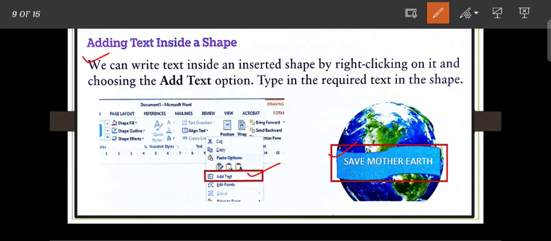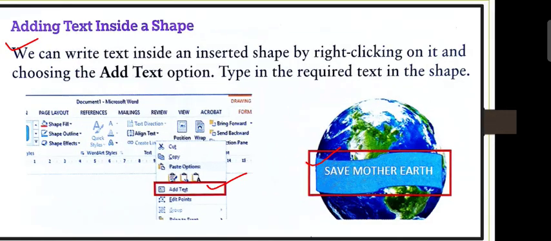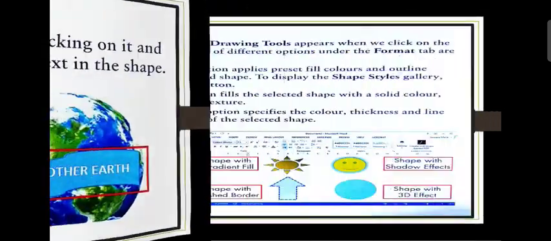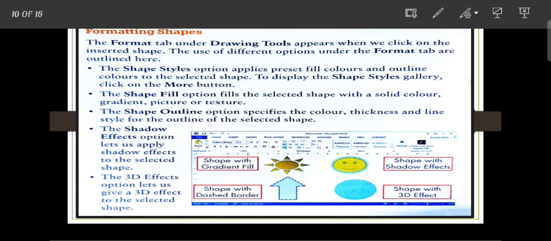Next is formatting shapes. The Format tab under Drawing appears when we click on the inserted shape.